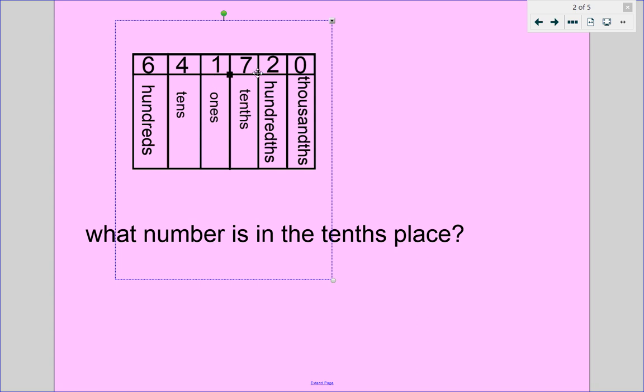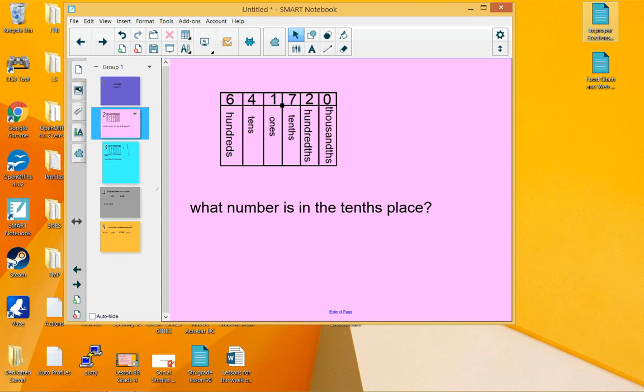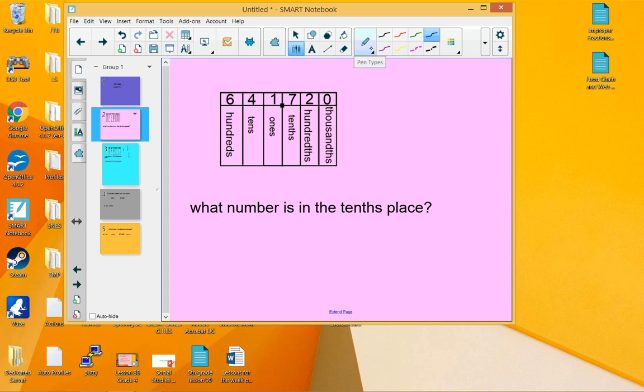Here's our decimal point there. And then we have the tenths, the hundredths, and the thousandths. So when we look at this, what I want you to think about is where that decimal point is. We're going to take a look at the relationship between what's before it and what's after it, okay? So let's take a look at what we have.